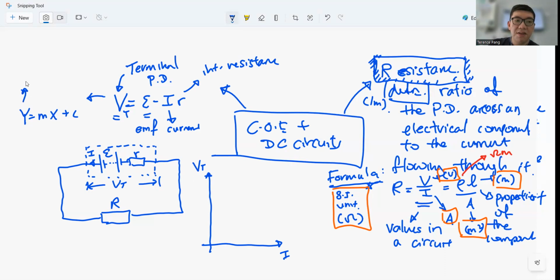Your y is Vt. Your m is minus r. If you are referring to a Vt versus I graph, your x is I and your c is your E. You get something like this. Negative gradient graph.